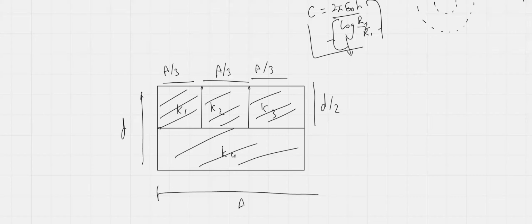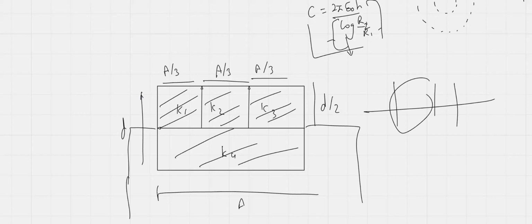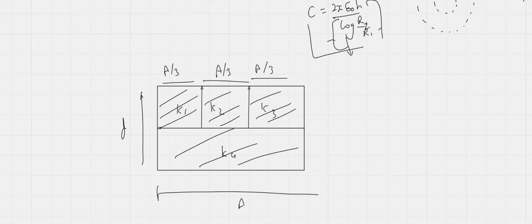Maybe this is the point where you have to get the net capacitance. Look, whenever the figure is given to you and they have not mentioned which direction, simply assume that in this horizontal direction a net capacitance will be coming out. So maybe this terminal you can choose, this terminal you can choose. Around this, you have to get the net capacitance. All these areas are A by 3, and this is d by 2. That's it.